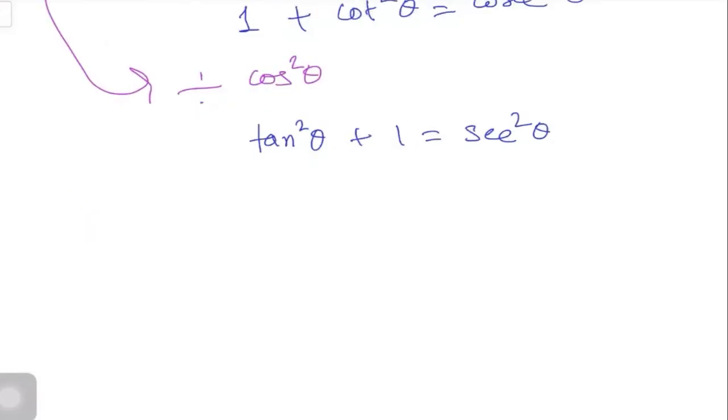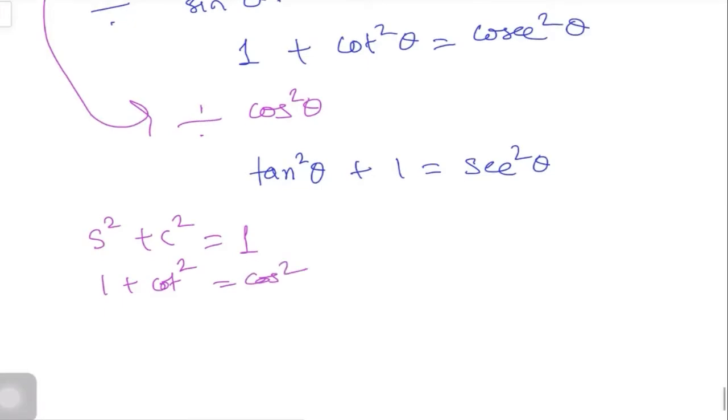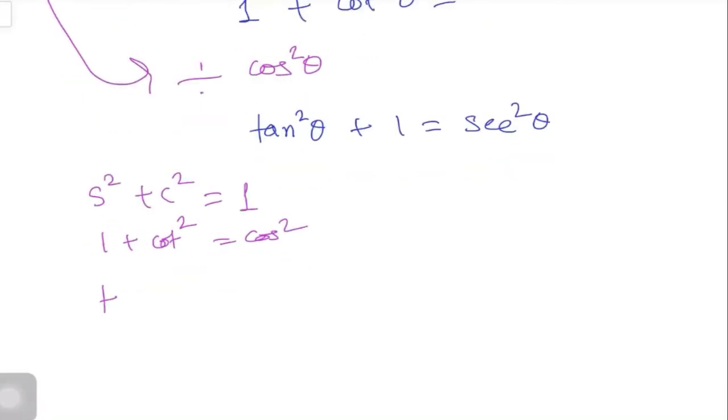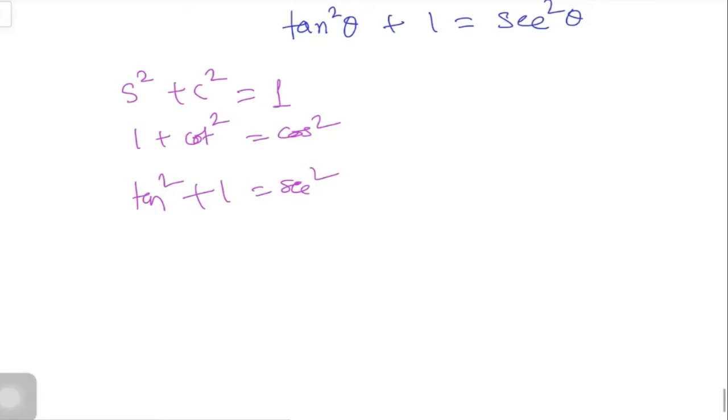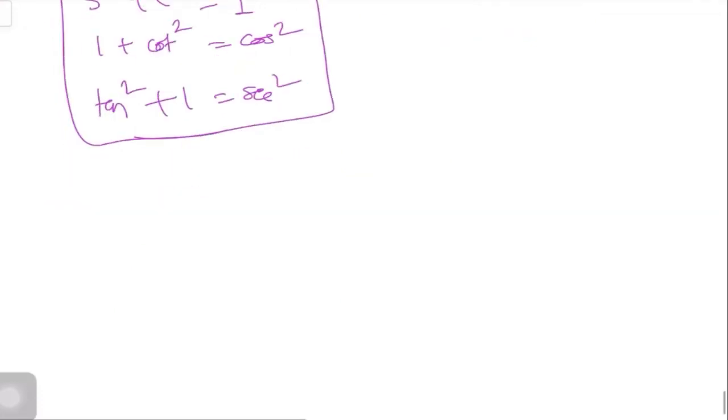So this is how you can get these three important formulas: sine square theta plus cos square theta is equal to 1, 1 plus cot square theta is equal to cosec square theta, and tan square theta plus 1 is equal to sec square theta. In that way, you can have all these three formulas. So now you want to use the formula for sine of a plus b.